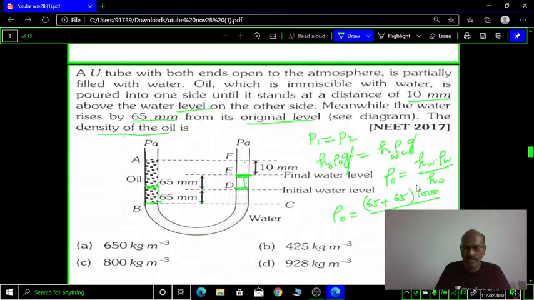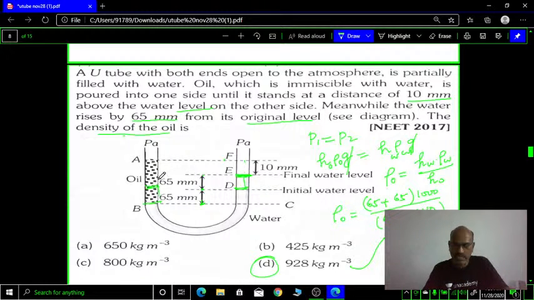The height of oil, from this starting position, is 65 plus 65 plus 10, since the oil level is 10 above the water level. Simplify all this and you will get option D, 928, as the correct option. Yes, very simple here.